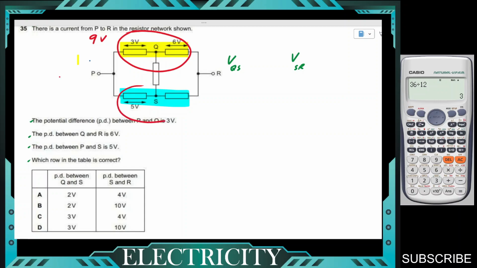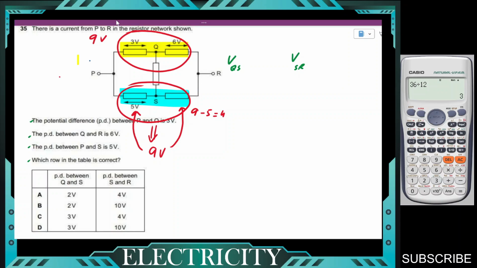And since the lower one is connected in parallel with the upper one, the overall voltage across this one should also be 9 volts. And if from the 9 volts you have 5 volts over here, what is the leftover? Well, the leftover is 9 minus 5. You can count it on fingers. We have 4 volts.